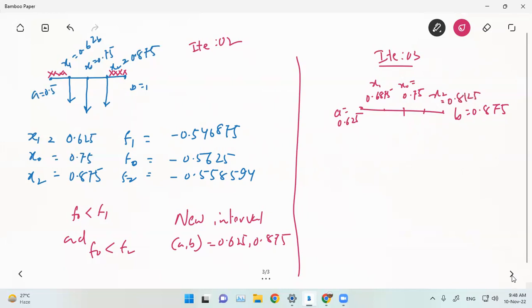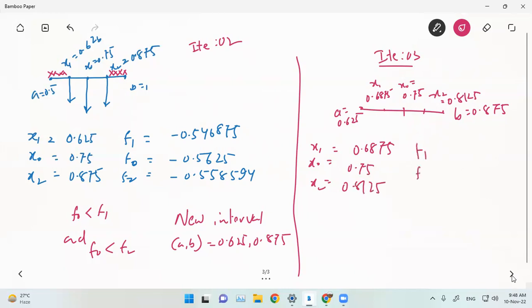So x1, x0, x2: write the values 0.6875, 0.75, and 0.8125.